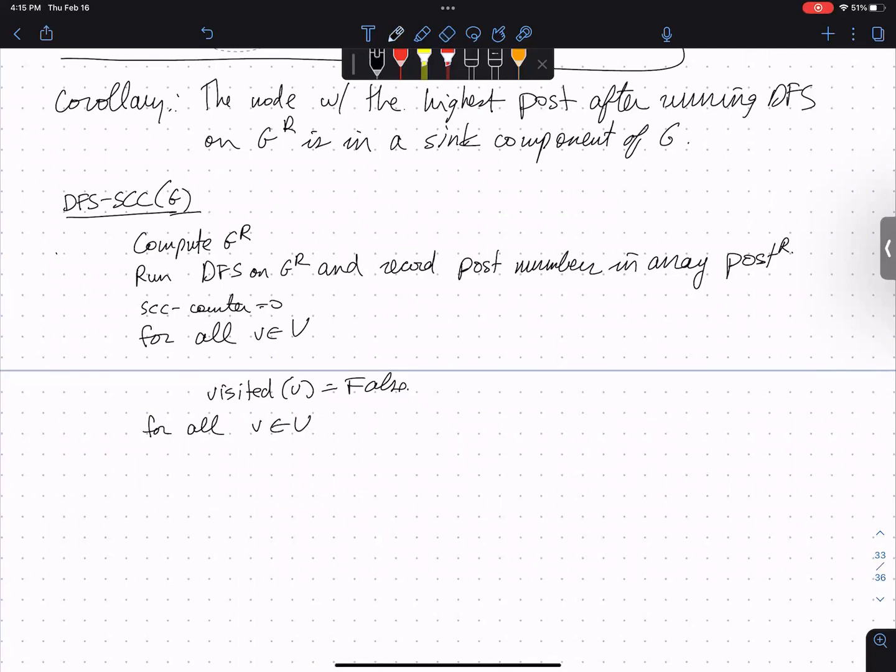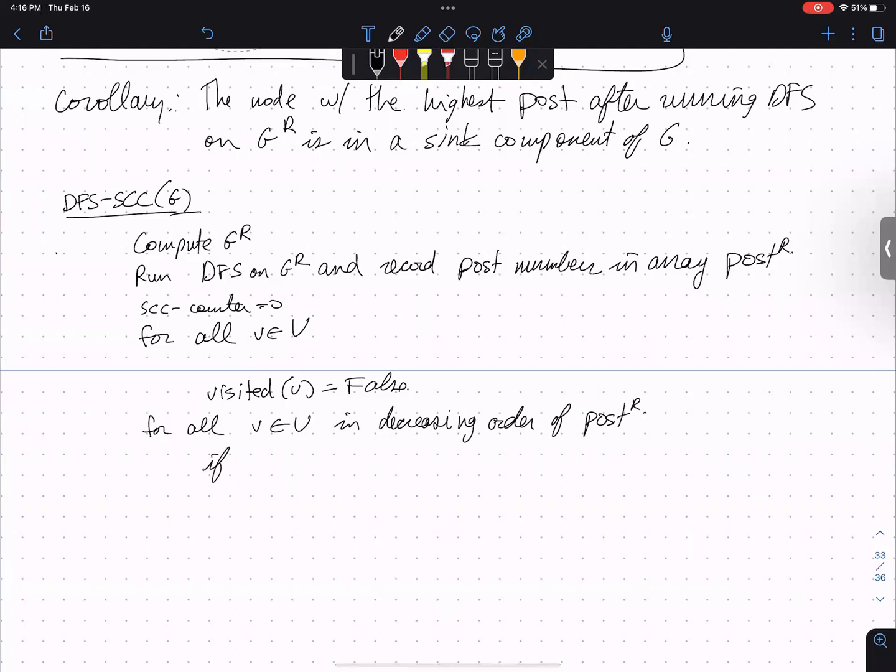And now this is the important part. The order here is important, right? That's what we've been talking about. We need to go to the highest post number first, and then continue iterating in decreasing order of post R. And this is key.